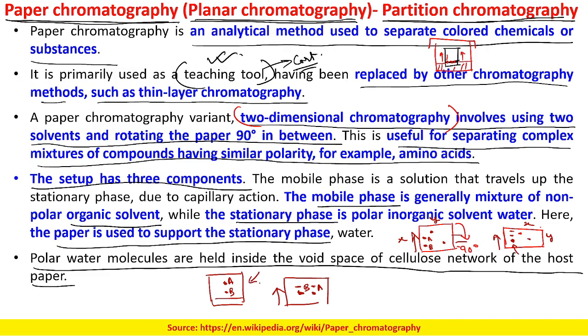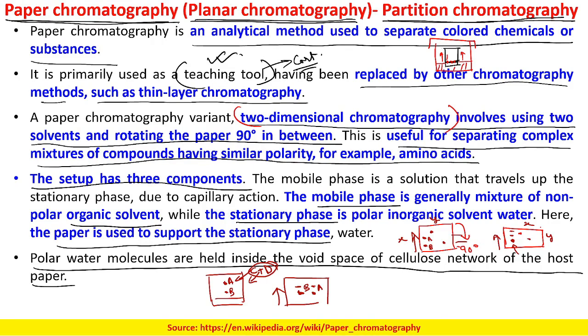When this A and B have been separated, if A has another mixture, say C plus D, they have the same kind of lipophilicity for the same solvent, and hence both C and D in spot A have appeared at the same place.